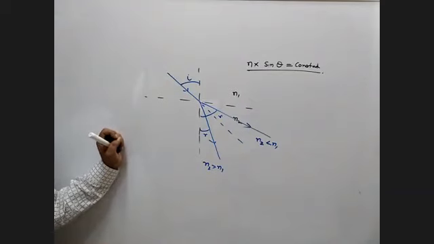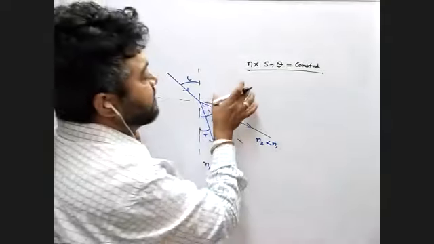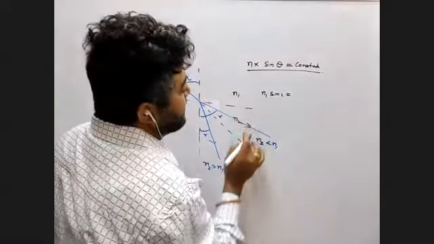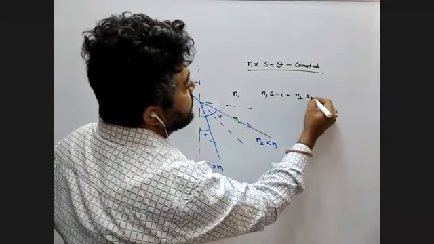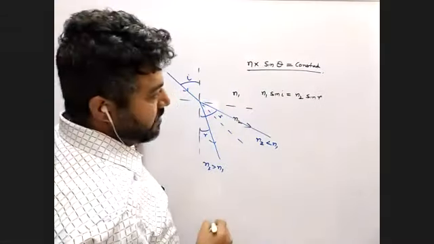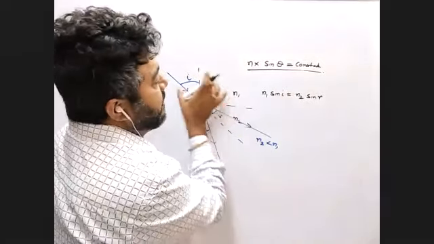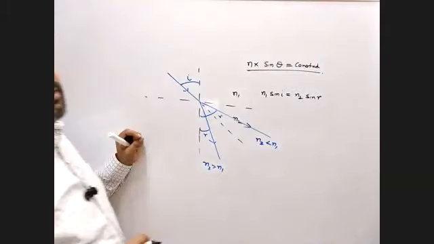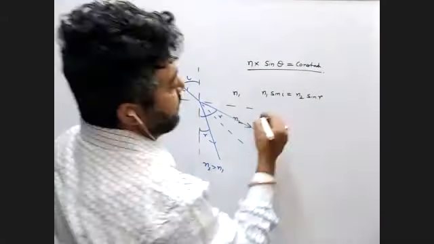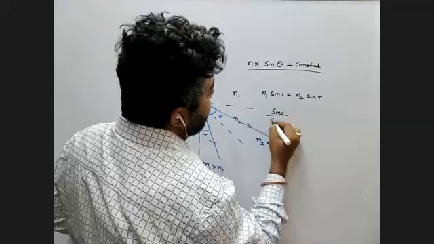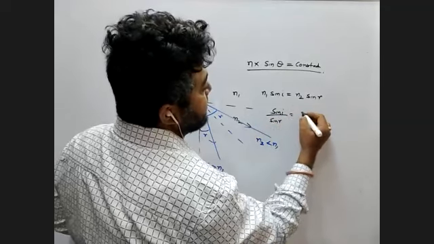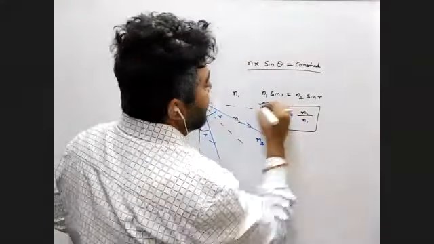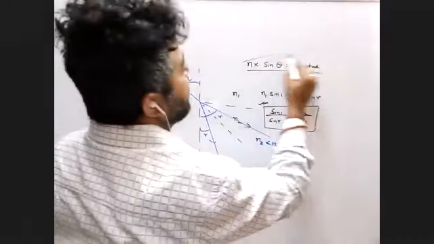That means for the first medium we write N1 sine i, and for the second medium N2 sine r. First medium into the angle of incidence, second medium into the angle of refraction, are constant. So from that we can say sine i by sine r is N2 by N1, which is called Snell's law. Snell derived this law from this phenomenon.